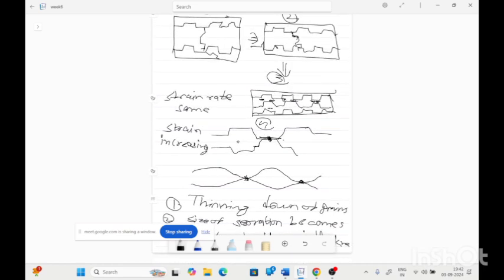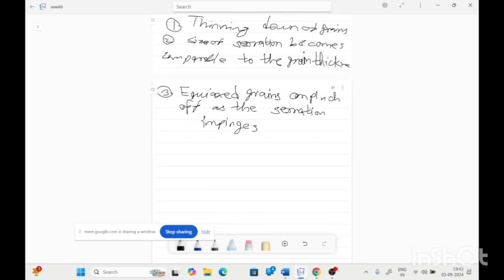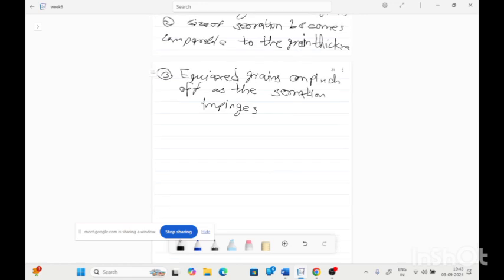Between the two grains there are serrations. Due to the serrations present, they come together and form a pinch out, can pinch off. So this is the process of dynamic recrystallization, geometric dynamic recrystallization.